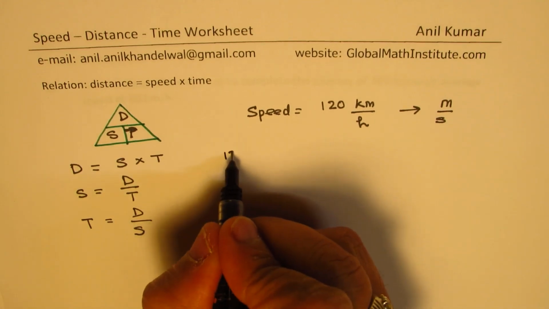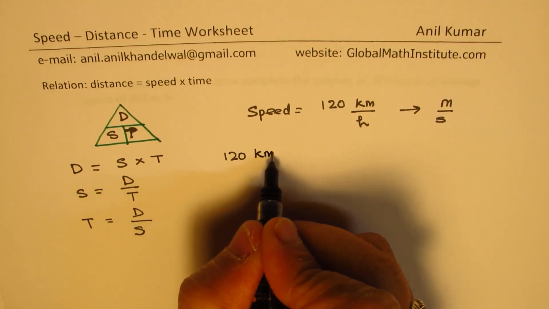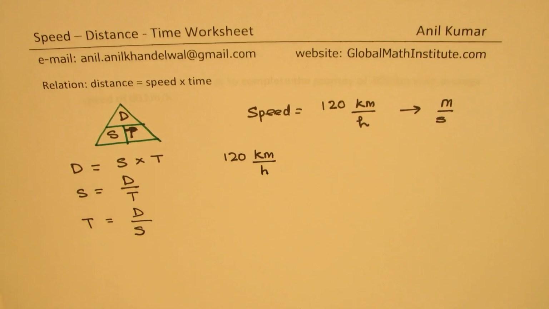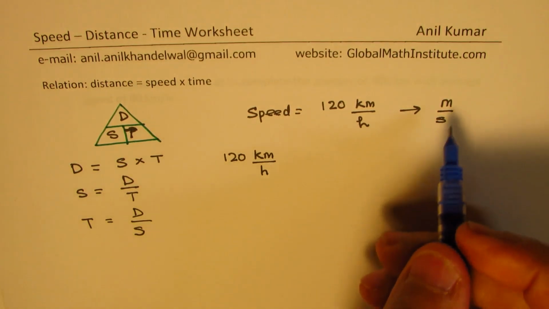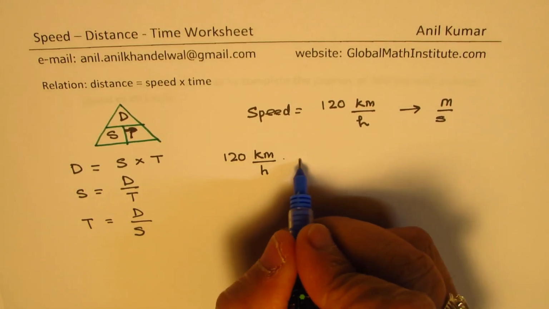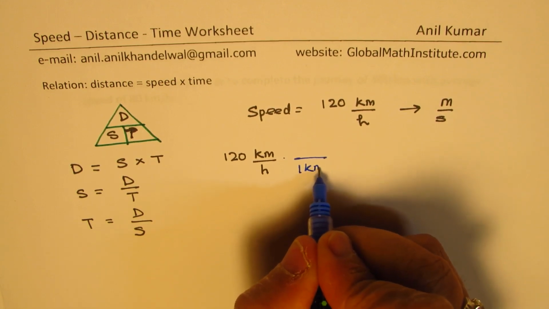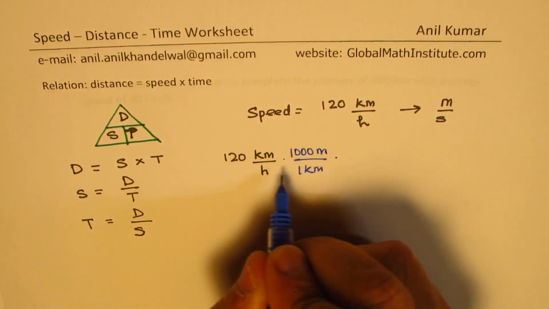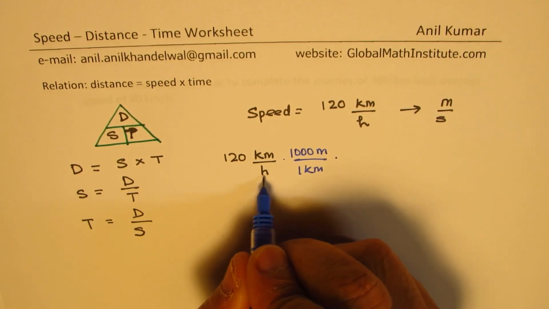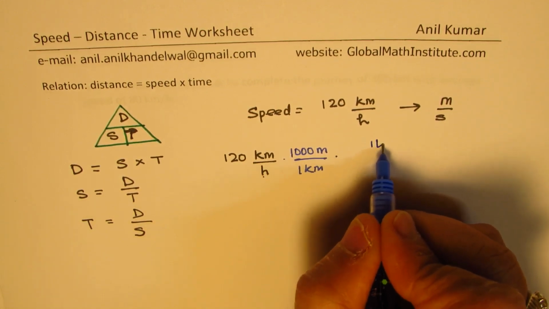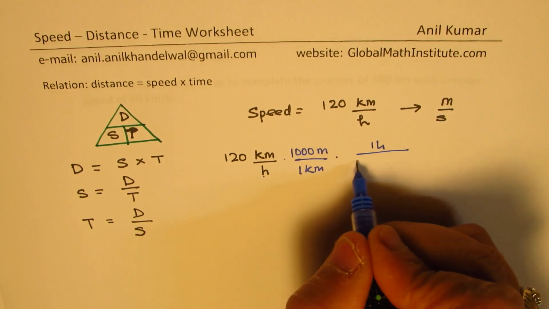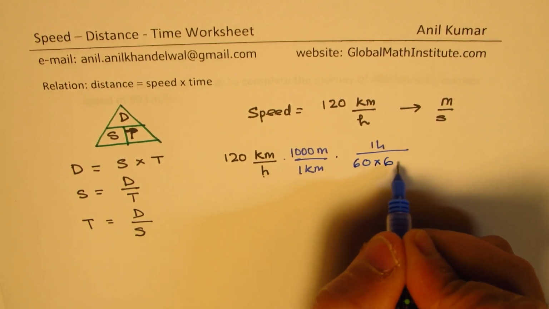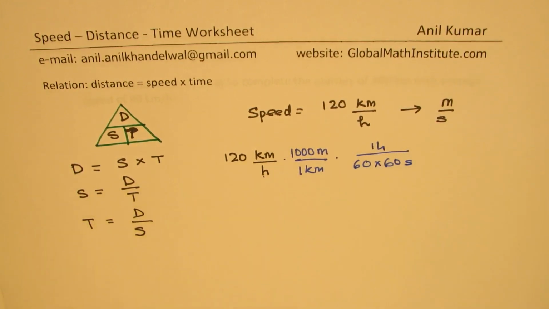Since we have 120 kilometers per hour, and we actually need meters, we know that 1 kilometer is 1,000 meters. We have to cancel kilometers, right? We have to cancel hours here, so we are looking for the hours and seconds relation, which is 60 times 60 seconds. So that is how you are going to convert the units, right?